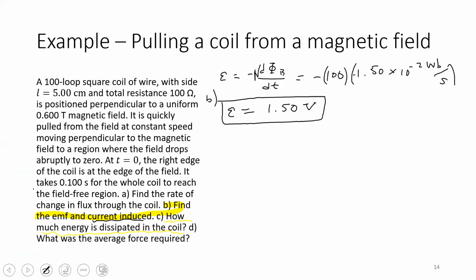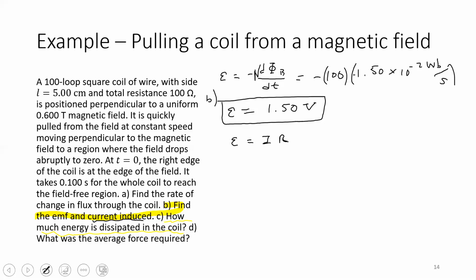Our current induced, remember, we're going to induce an EMF, and Ohm's law says that our current induced is going to be proportional to the voltage applied or the EMF. So V equals IR becomes E, or epsilon equals IR.